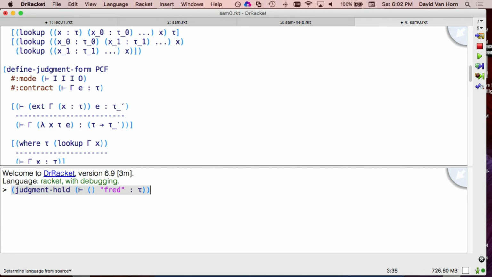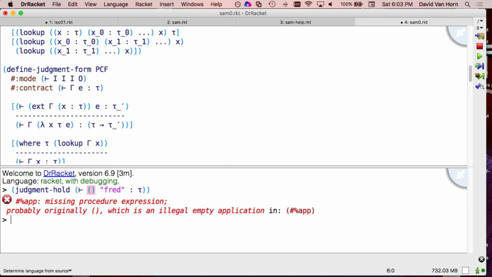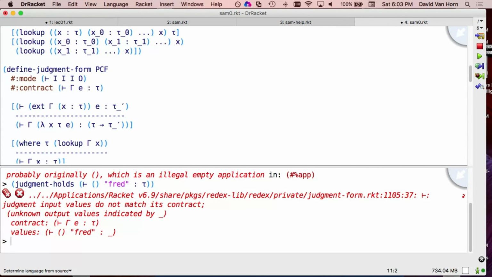Okay, before I would have gotten back the answer no, but a more sensible thing is to complain and say that's not even a well-formed question. Sorry, I left off the S here, and then I get a totally not helpful error message.